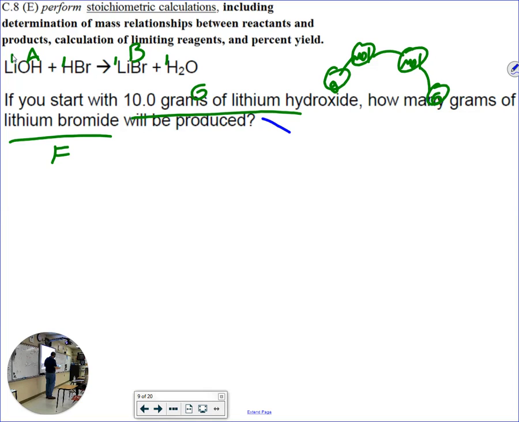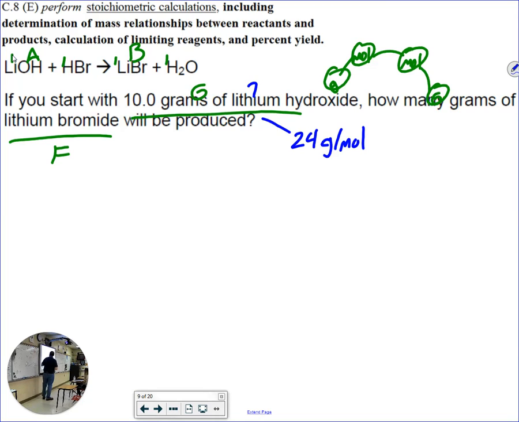So if I had to round 6.941 to the nearest whole number, what would you call that? 7. Okay. So lithium is 7. Hydroxide has got an oxygen and the hydrogen. Oxygen is about 16, hydrogen is about 1, so 17 plus 7, 24? Okay.